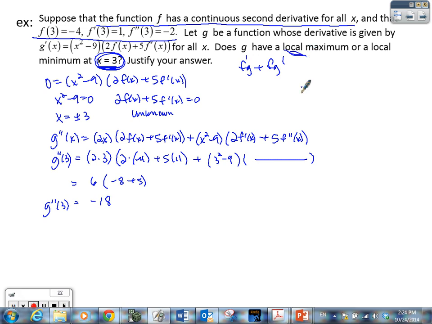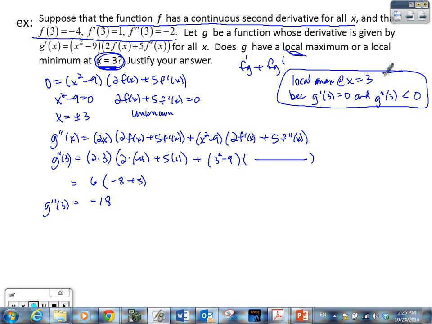So we would say there's a local max at x equals 3, because our justification is g prime of 3 is 0 and g double prime of 3 is less than 0. Or you could even say negative 18 if you want to, but this would be our answer.